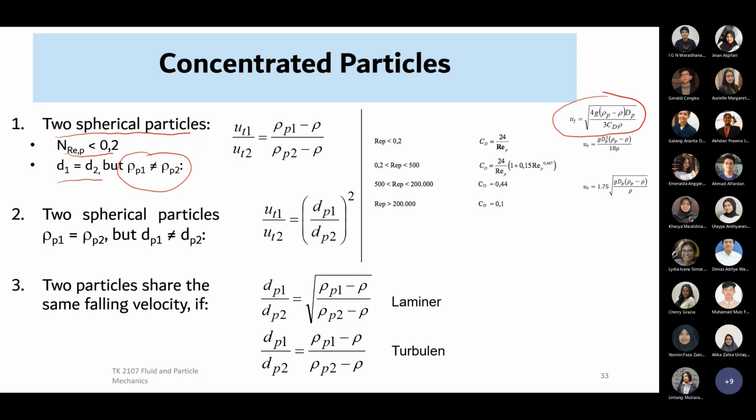So if what we have is laminar, then you can simply write ut per ut, g dp square, rho p minus rho, per 18 mu. So that becomes your ut1 per ut2. Gravity can be dismissed, and if the diameter is the same, then the diameter can be dismissed.